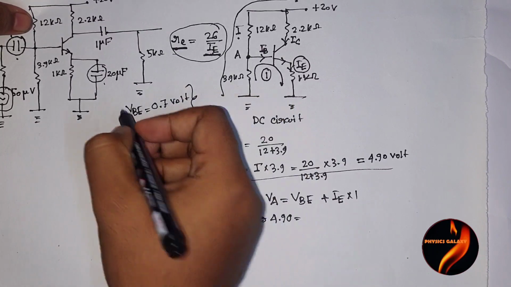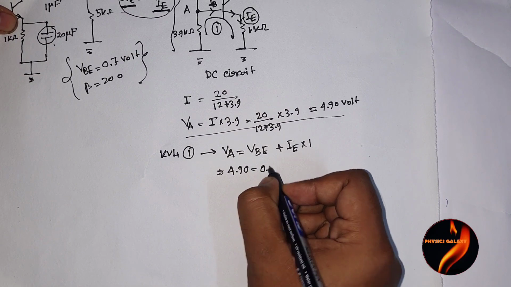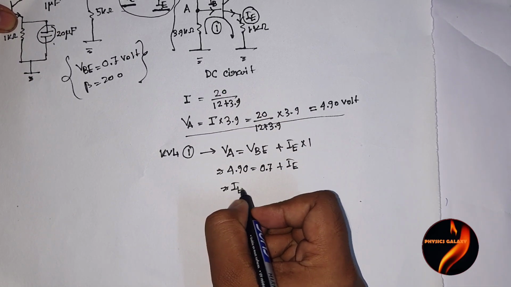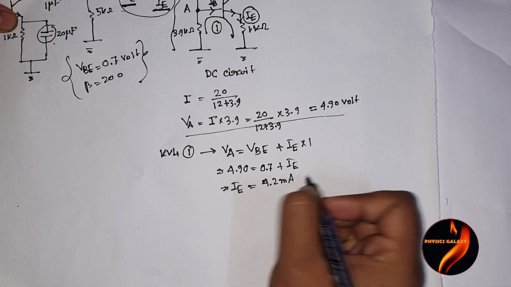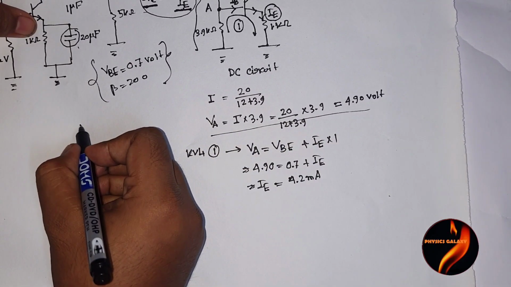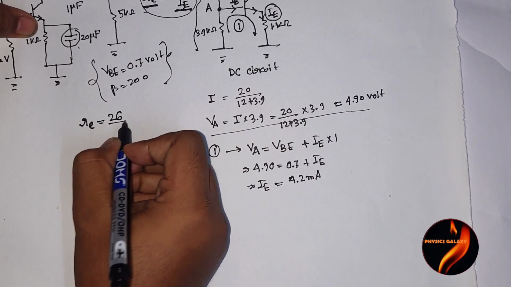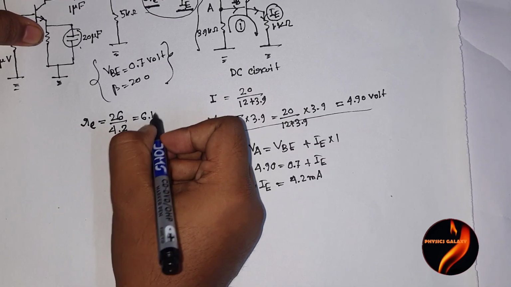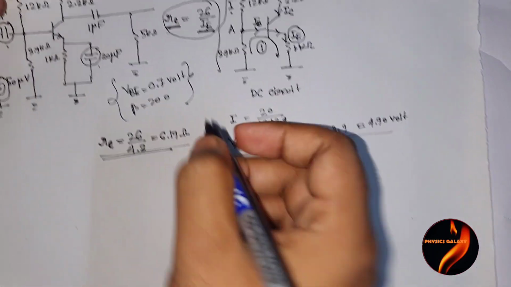Putting in these values, we find IE is equal to 4.2 milliampere. So the AC emitter resistance for the circuit is 26 divided by 4.2, which is 6.19 ohm.